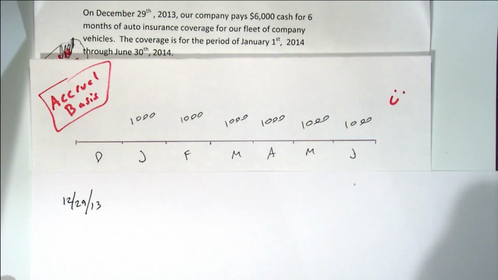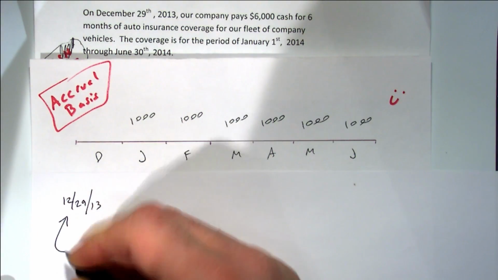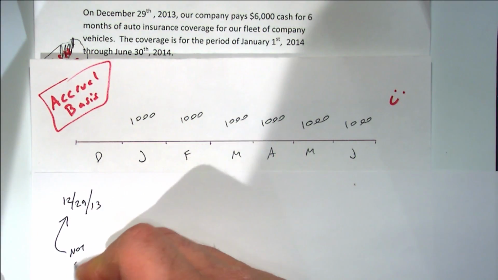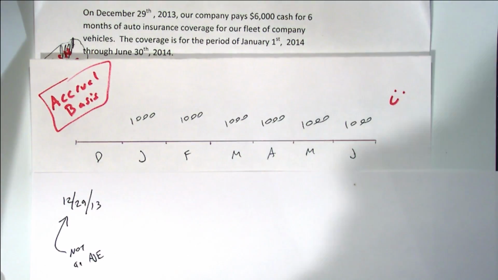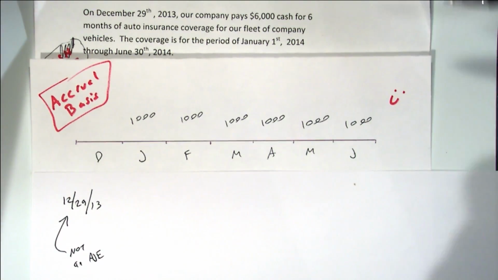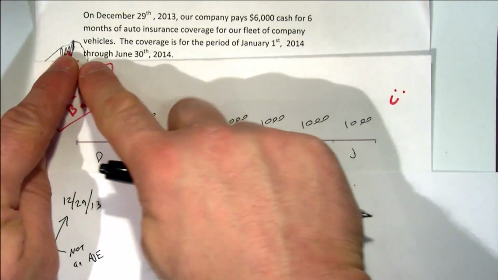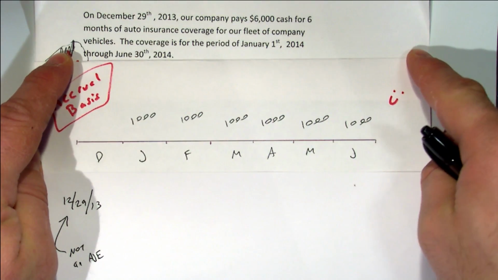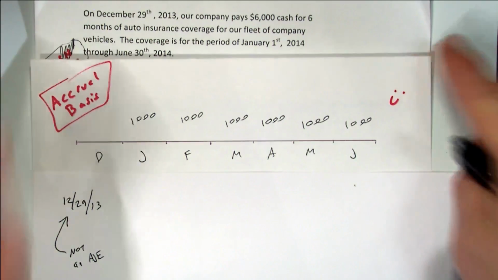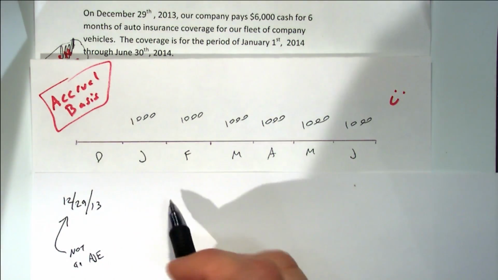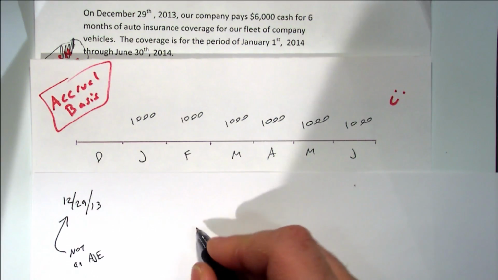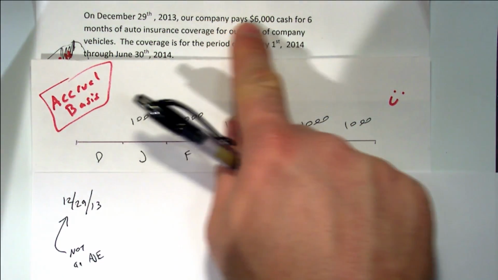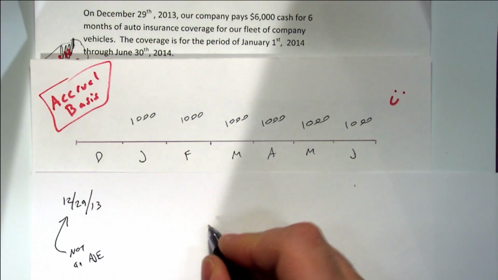Now, I want to warn you, this is not an AJE. It is not an AJE. But we do have to record this transaction when we paid $6,000 cash for 6 months of auto insurance coverage. Okay? Now, does anybody know what the journal entry would be? Well, we would credit cash because our company pays $6,000 cash, right?